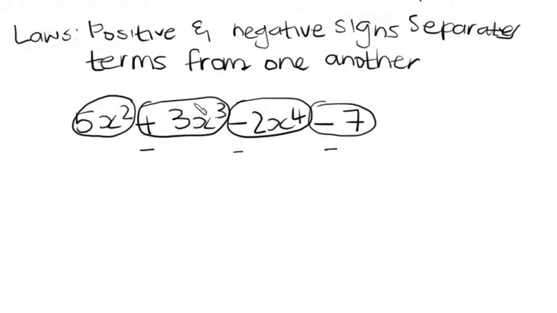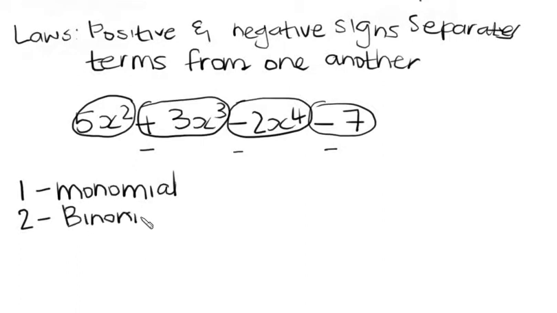Before we get to naming our expressions, I just want to put some labels to it. If we have an expression that consists of one term, that is known as a monomial. Mono represents 1. 2 terms is a binomial. Bi for 2, like a bicycle has 2 wheels. 3 terms is known as a trinomial.